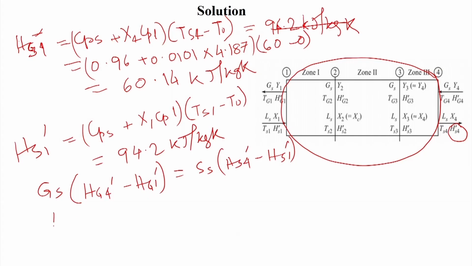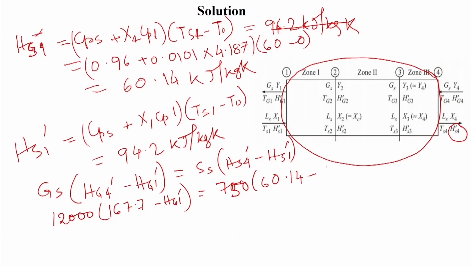So, 12,000 into Hg4 prime, we have already got this value 167.7, minus Hg1 prime is equal to 750 into 60.14 minus 94.2.